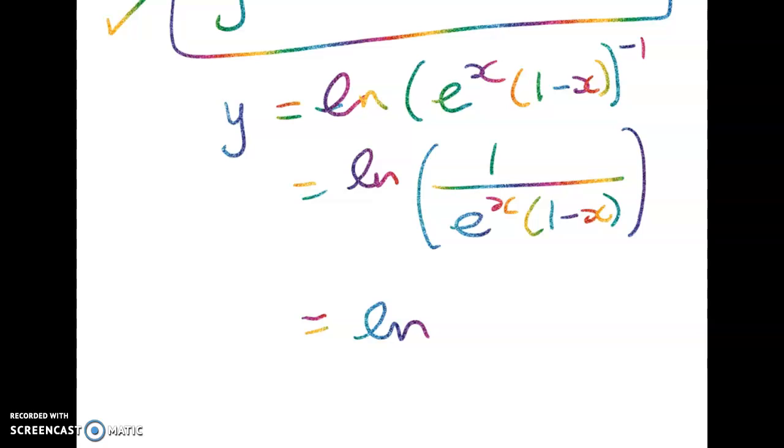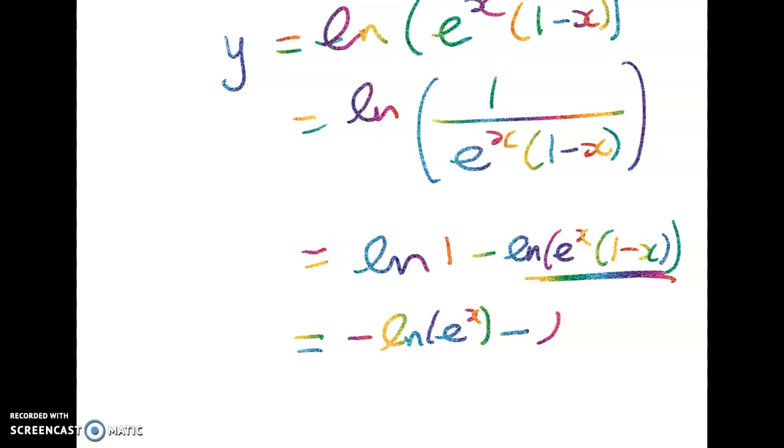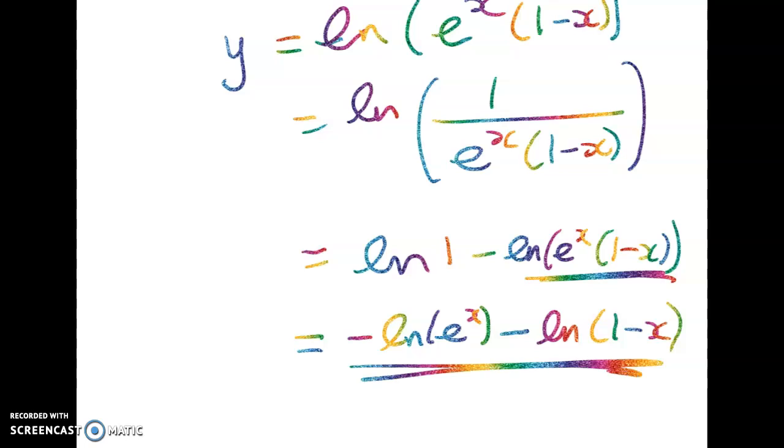I think I'm starting to go around in circles. This is the log of 1 minus the log of e to the x times 1 minus x. But that, of course, gets me back to where I was. So I've now gone completely around in a circle in a video, not for the first time. We could, though, split this up into 2 bits. So we get negative log of e to the x minus the log of 1 minus x. And I think if you write it like this, it makes it really obvious why we need that condition.